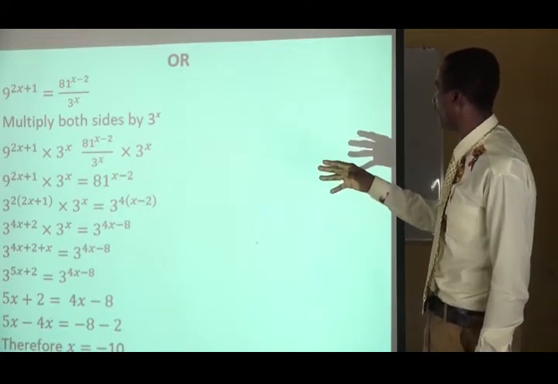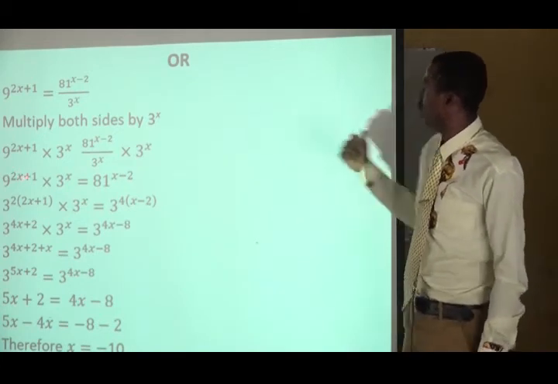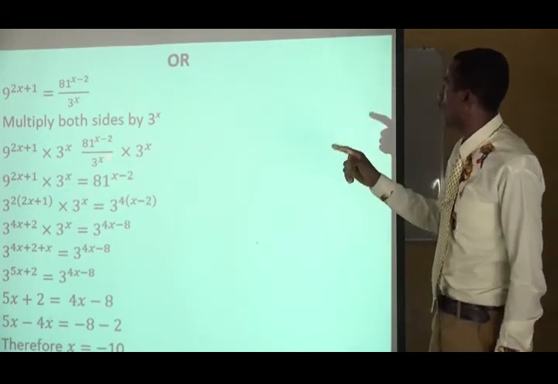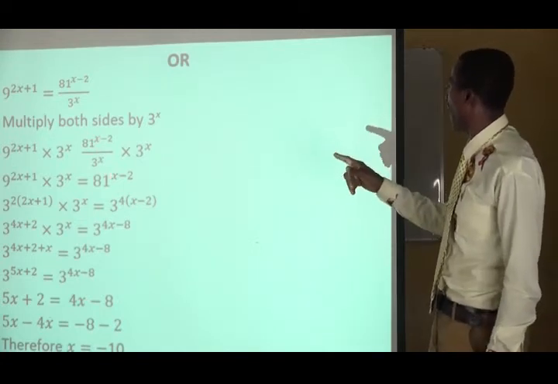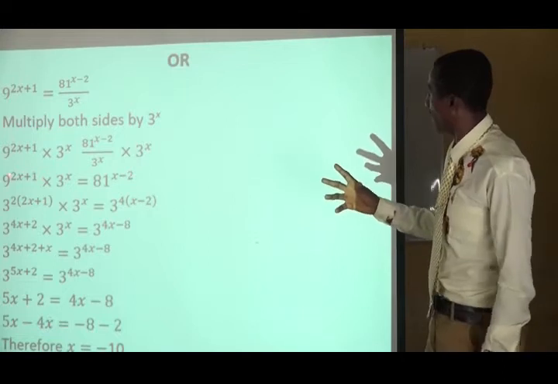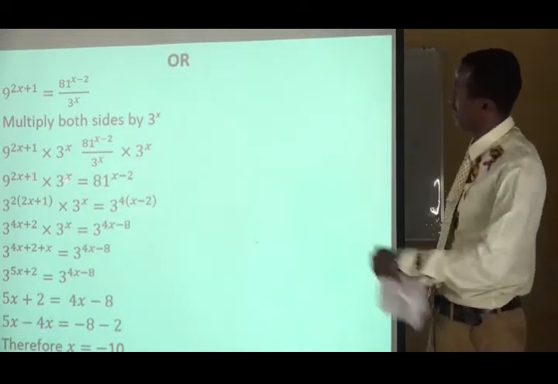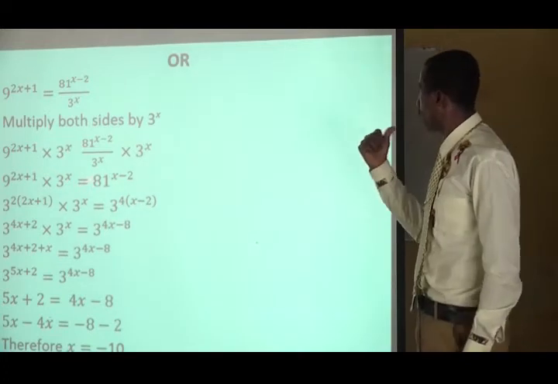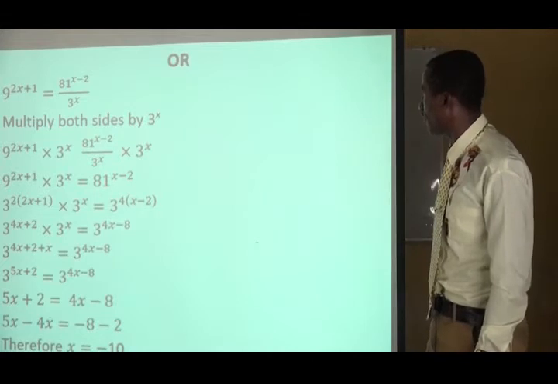By simplification, on the right-hand side, you can see that 3 to the power of x divided by 3 to the power of x is equal to 1. So 81 to the power of x minus 2 divided by 1 becomes 81 to the power of x minus 2. So the equation becomes 9 to the power of 2x plus 1 times 3 to the power of x, that is the left-hand side, equals 81 to the power of x minus 2, the right-hand side.